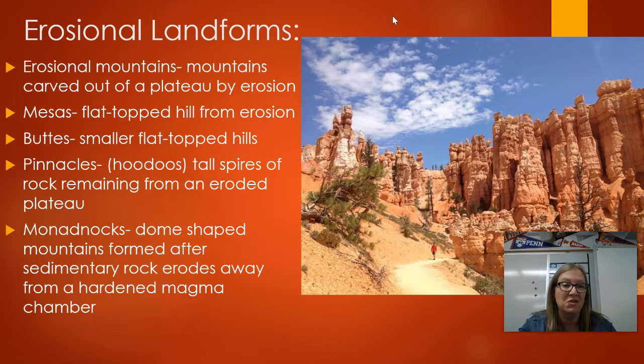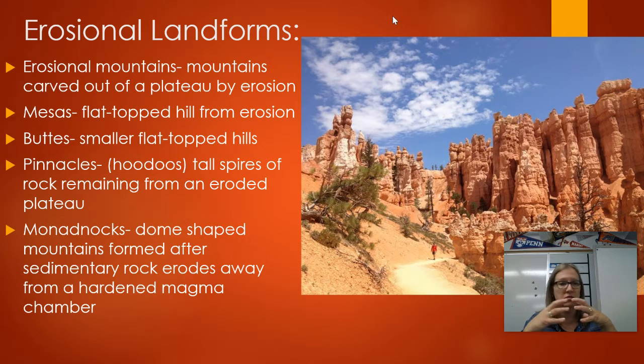Then we've got these things called monadnocks. Monadnocks, weird word, okay? And you can see a picture of one in the book on page 167. It's basically a dome-shaped mountain that forms after a magma chamber. We haven't covered volcanoes yet, but inside of a volcano, there's a chamber where the magma collects, okay?